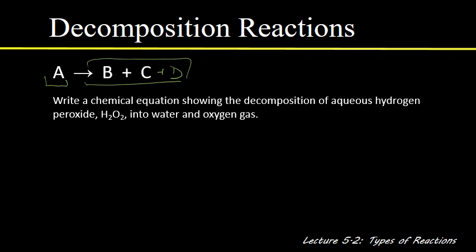There's a really popular chemical demonstration that a lot of people make videos about that show up on YouTube, called Elephant's Toothpaste. In Elephant's Toothpaste, you take a sample of hydrogen peroxide and you add a catalyst, and that catalyst causes this reaction to go much, much faster, and it makes the oxygen gas very quickly.